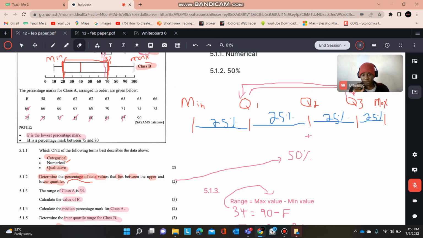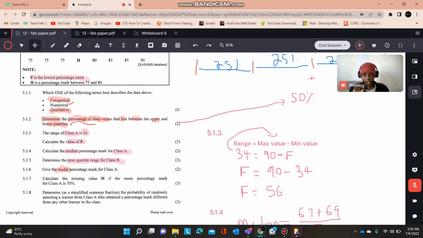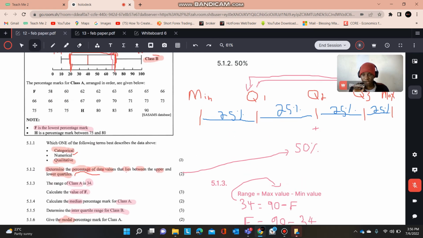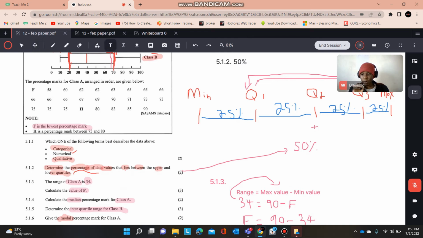I'll just erase what we had when we were looking for the interquartile range. Remember our F, we found it as 56 if I'm not mistaken. Yeah, here it is, 56. So our F is 56. So our modal data will be the amount that appears more times than any other data value. Which one is it?